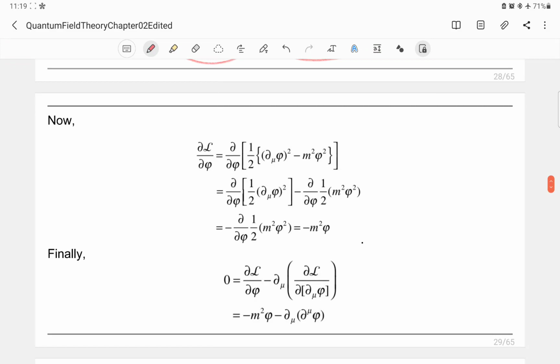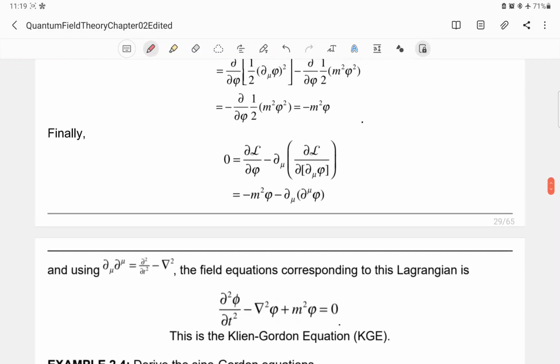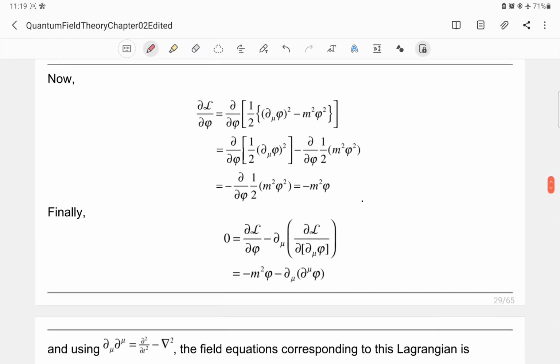which is equal to partial mu partial mu phi plus m squared phi is equal to 0. This is just the Klein-Gordon equation.